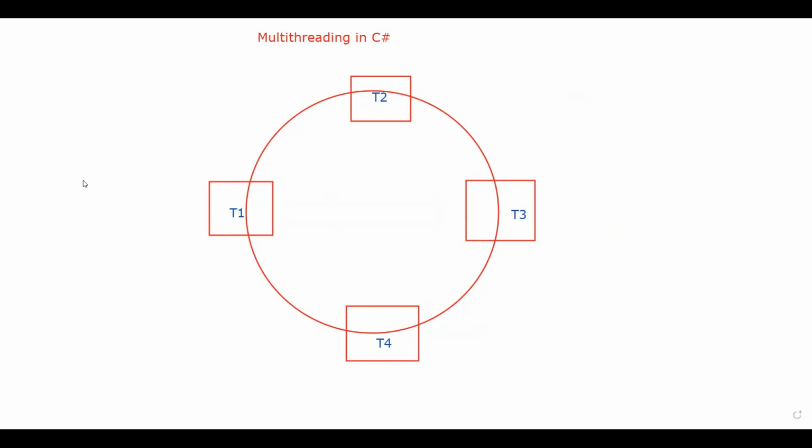So it's a single process. The process P1 we are going to divide into a number of threads, and each thread is independent. There is no dependency of T1 on T2, or T2 on T3, nothing like that. A process is divided into a number of threads, and running these threads simultaneously is called multi-threading. Before that, there is one more thing called multiprocessing.